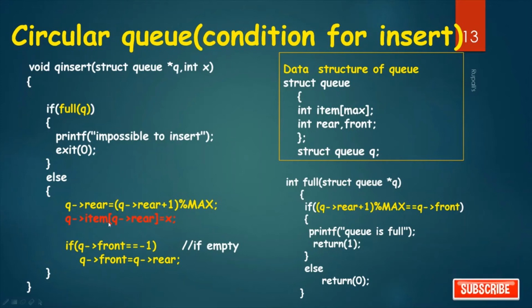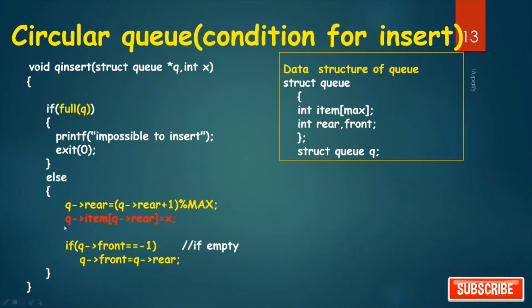Now another condition we already learned: when the queue is empty, front is minus 1 and also rear is minus 1. So you have to check whether front and rear are minus 1, or you can also write just front is minus 1. Then you have to start insertion, so make both rear and front equal. So this is the condition for QInsert.